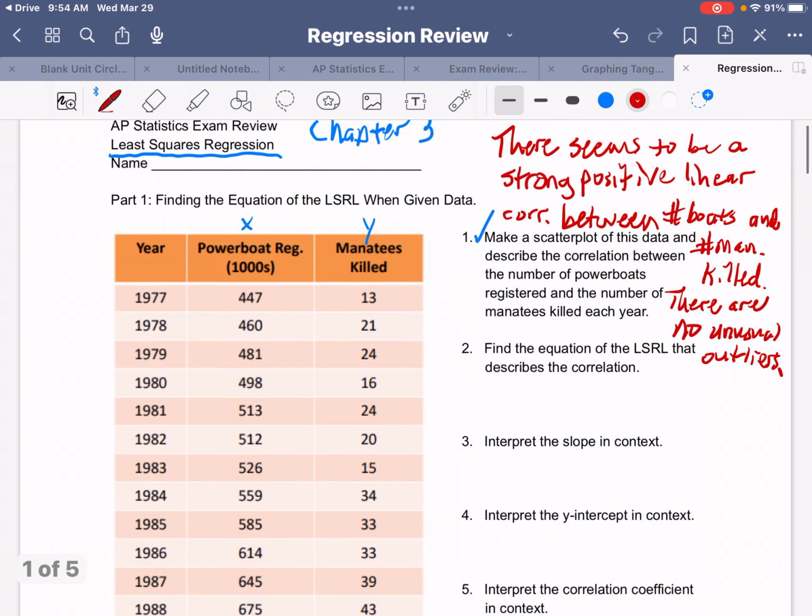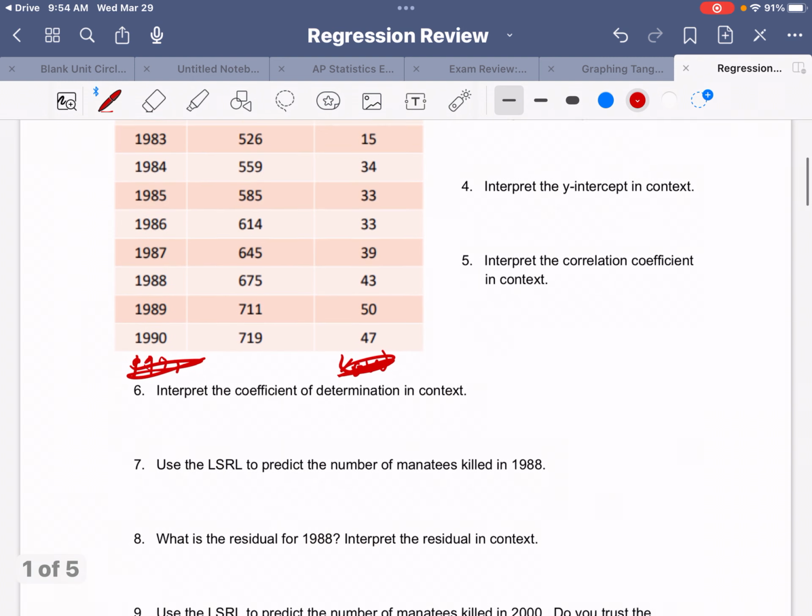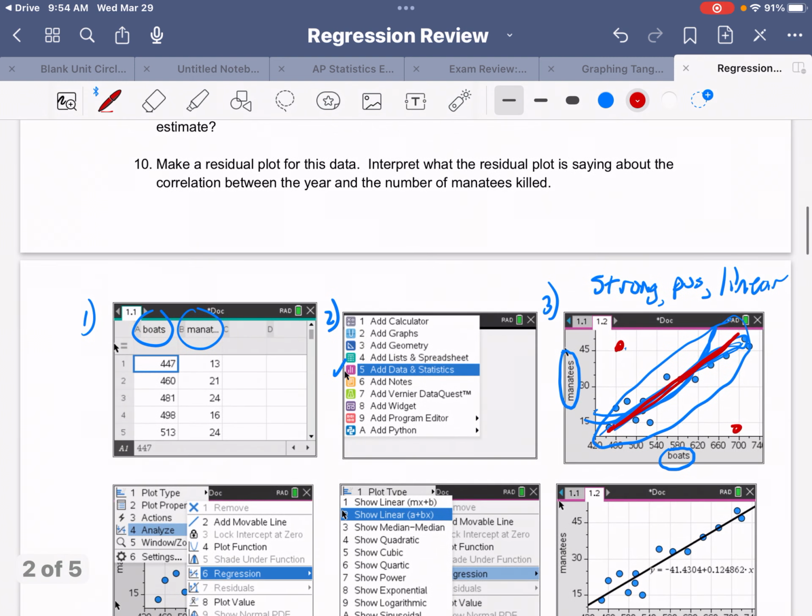Okay, now the next thing that you're asked to do is find the equation of the least squares regression line that describes the correlation. So how do we find the least squares regression line? Well, there are two ways to do it, but I think you'll want to choose one of those ways.